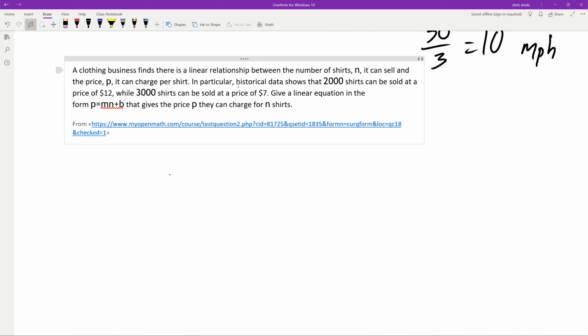Give a linear equation in the form of P equals MN plus B that gives the price P they can charge for N shirts. And here we want to round the value of our slope to 3 decimal places. That direction is given after the answer box in this case.